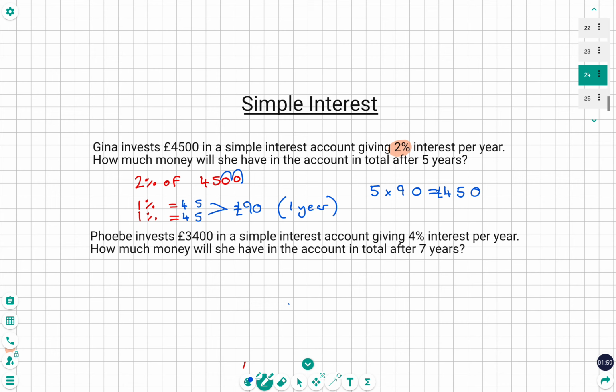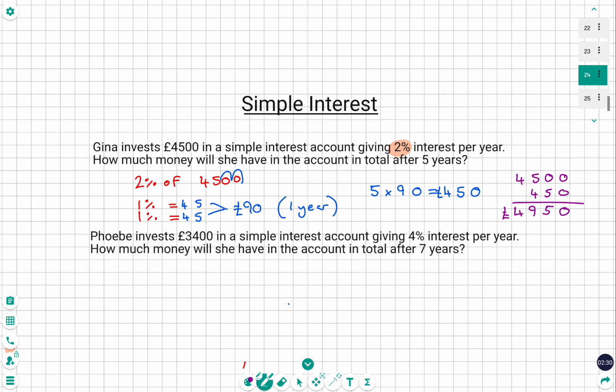So she's not got £450 in the account, she's got £450 added on to the original investment amount, which was 4,500. And then if we add the £450 on, we get £4,950 in the account at the end of that time.